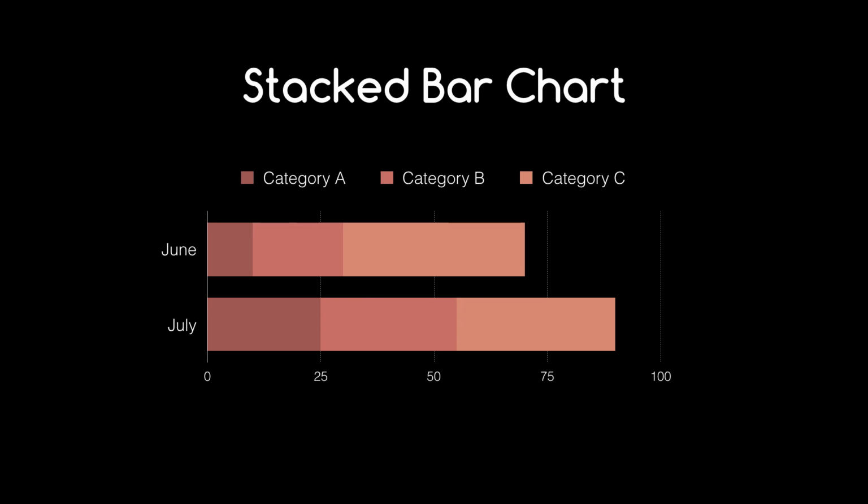And the total value of each bar is all the segment values added together. So this is ideal, in this example here, for comparing total amounts across each group of segmented bars.